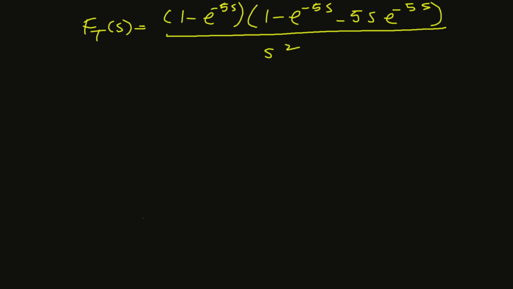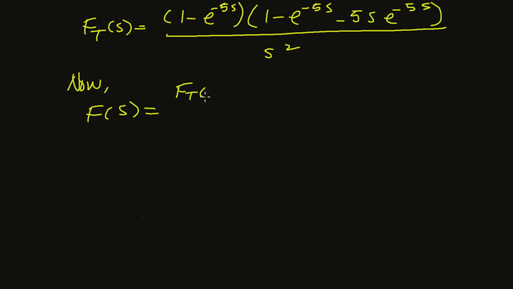You see, now that's done. But this is not what we're looking for. It is related to the Laplace transform of the function f. What we're looking for is this.